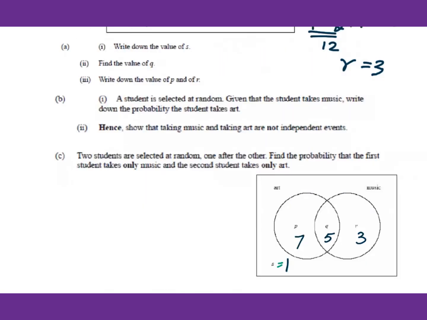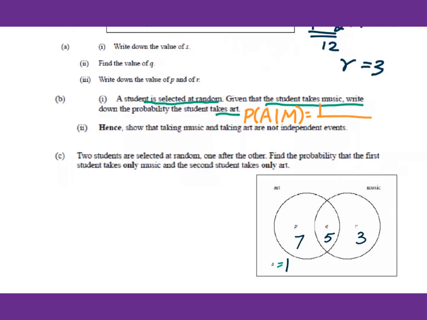Now let's go to B. A student is selected at random, given that the student takes music. Write down the probability the student takes art. So we are looking for the probability of art given that this student also takes music.